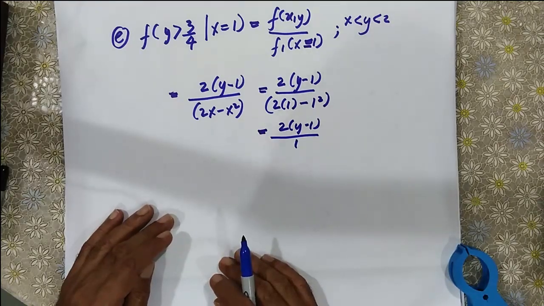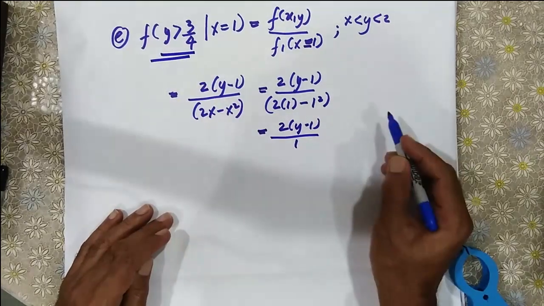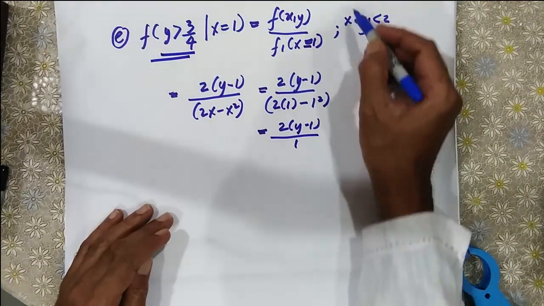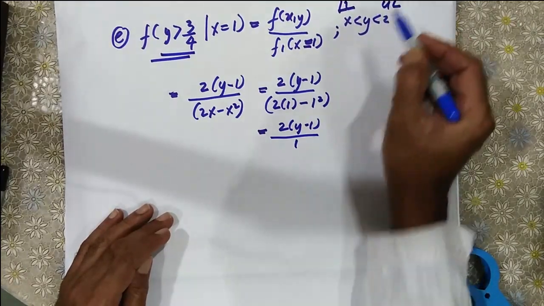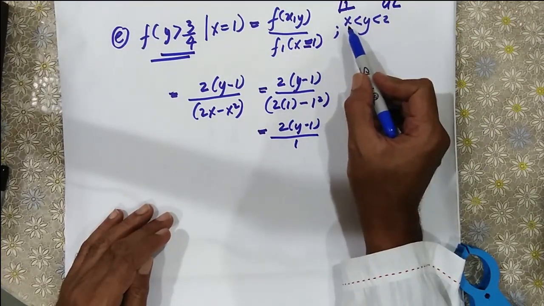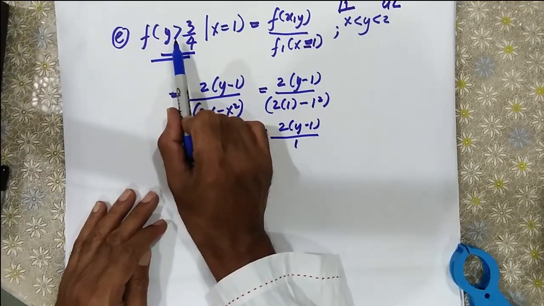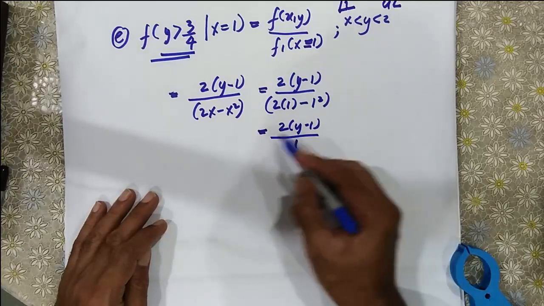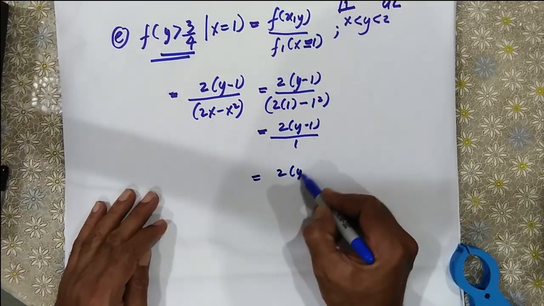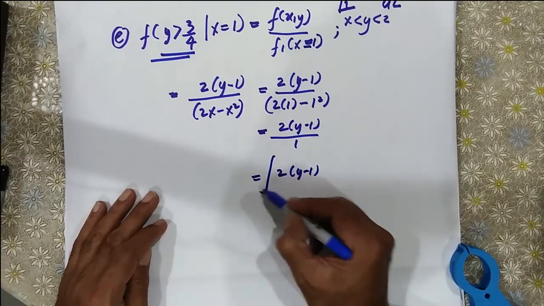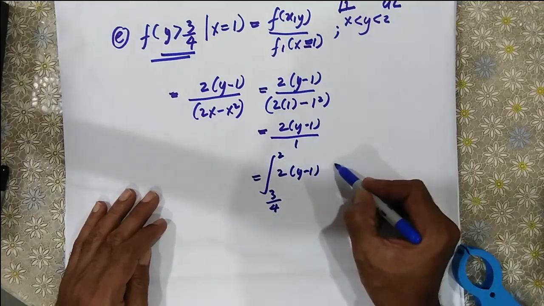Then I integrate, since my range here is y greater than 3 over 4, so the lower limit is 3 over 4 and the upper limit is 2. We integrate this function 2y minus 1 from 3 over 4 to 2, dy.